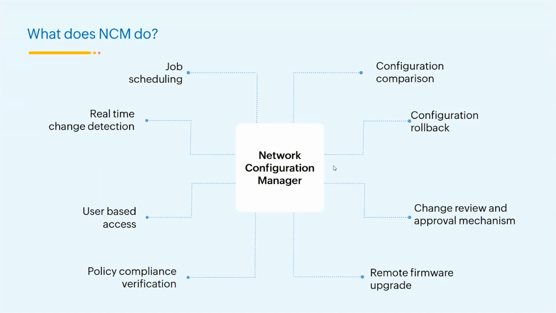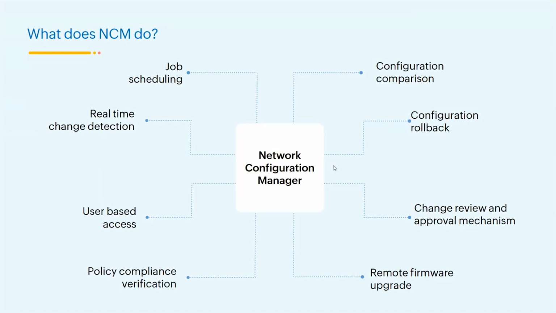Next, we have user-based access as well as change review and approval mechanisms where admins hold the authority. You can restrict user access for certain operators, and you can provide them access only for 2 or 3 devices or vendor-specific devices for them to manage.